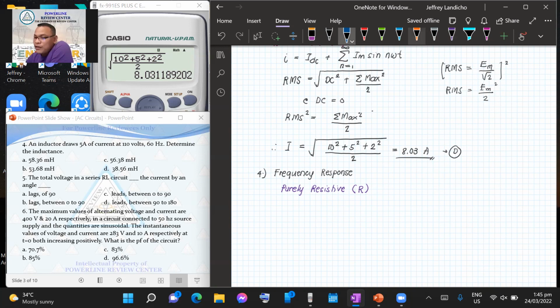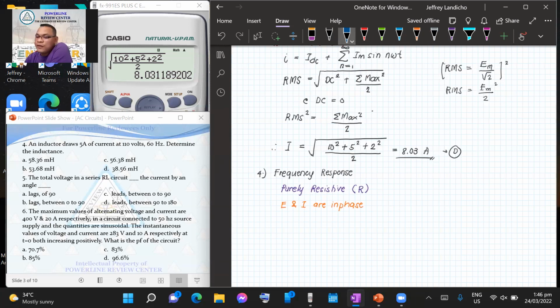So kapag purely resistive, ito yung kailangan natin i-consider that the voltage E and current are in phase. So pag sinabi natin in phase, they have the same direction.